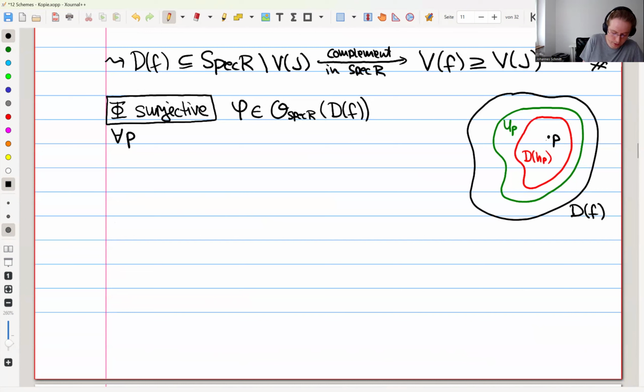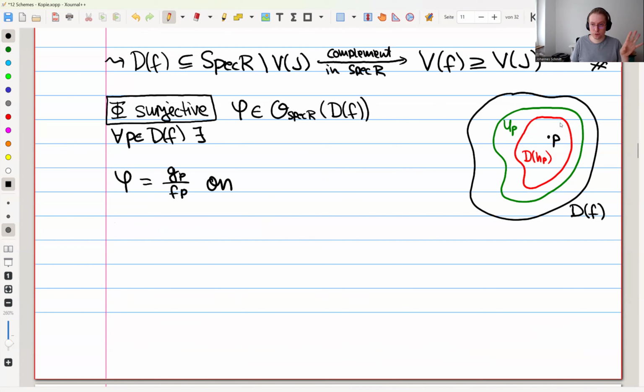So in other words, for all P in DF, there exists, first of all, we would say we find this green thing, this UP, on which this is given by some quotient. So we would write phi equals GP divided by FP.